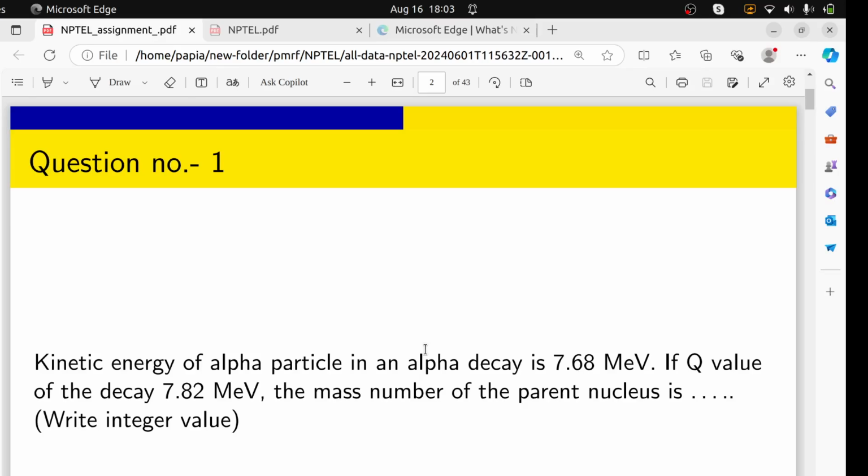The kinetic energy of an alpha particle in an alpha decay is 7.68 MeV. If the Q value of the decay is 7.82 MeV, the mass number of the parent nucleus is how much? Okay, so this is the question, and we need to answer it.